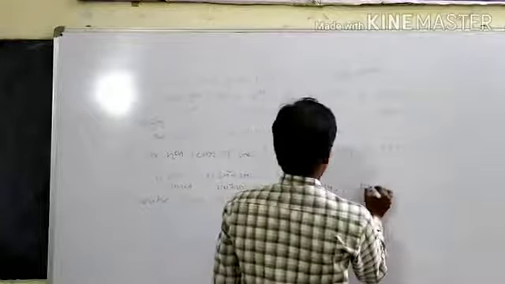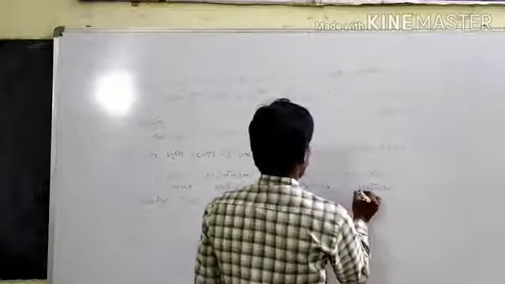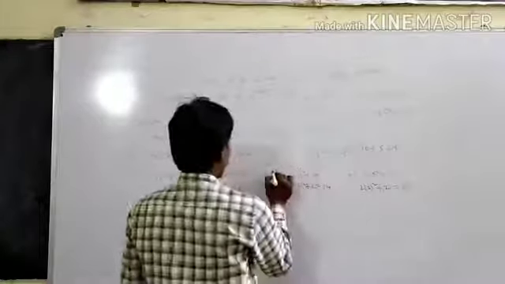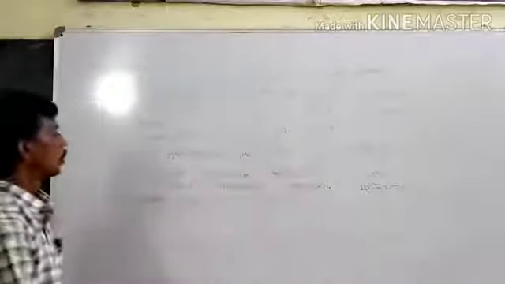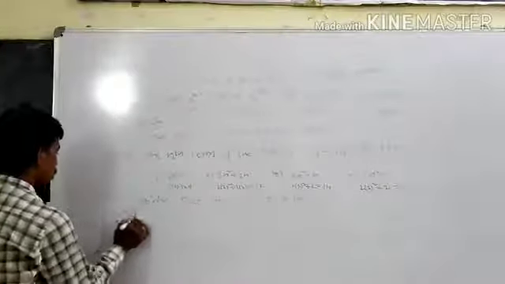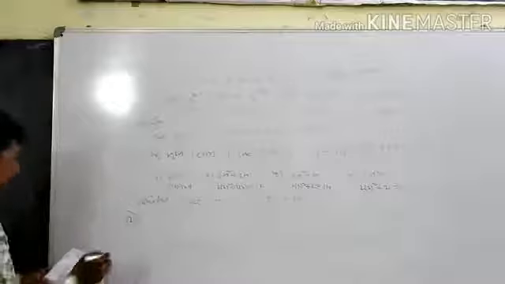Now 2 into 2 square plus 2: 4 into 2 is 8 plus 2, 10. Now the third option is the correct answer, because the second term is 14.